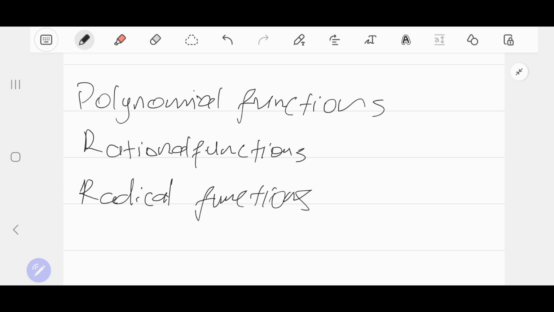So the video that will follow this one will be the combination of these functions. So it's either they'll mix this one with this one. No, I'm making a mistake. Mostly, it's this one and this one.